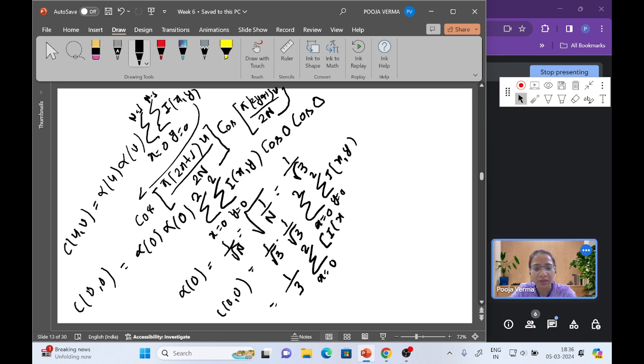So I of x comma 0. First y varies 0 to 2, so first we need to put 0, then 1, then 2, right? So I x comma 0, x will be the constant here, plus, it is summation, so summation of all the components, I x comma 1 plus I x comma 2. Okay, so now we will put the values of x in the summation.